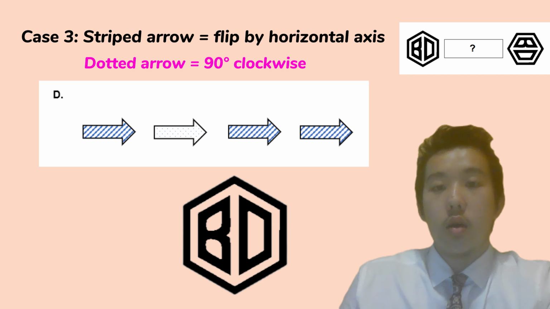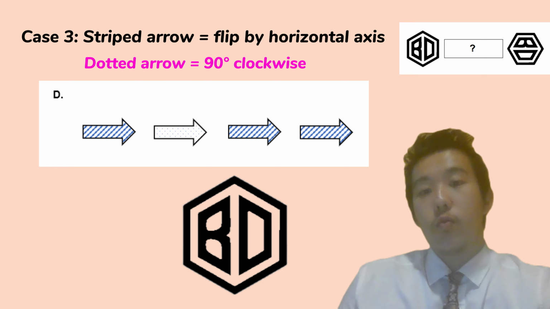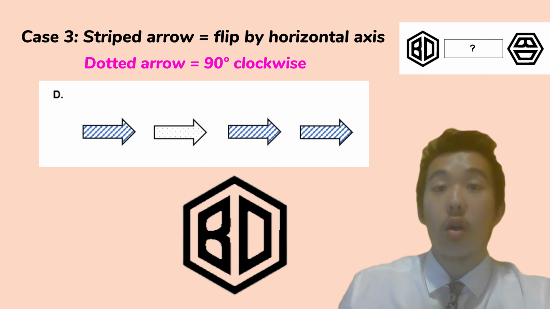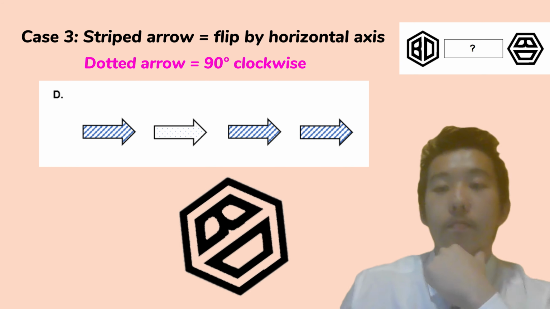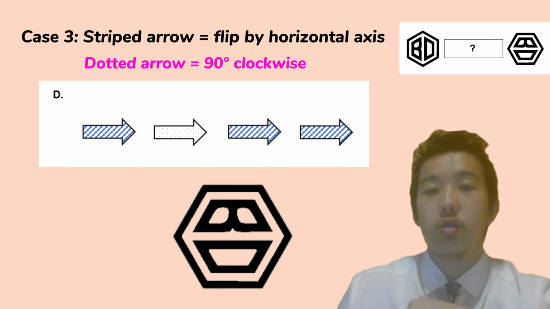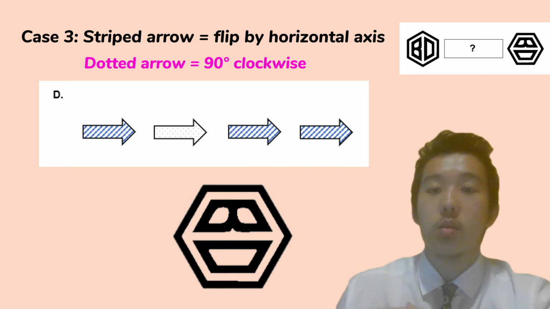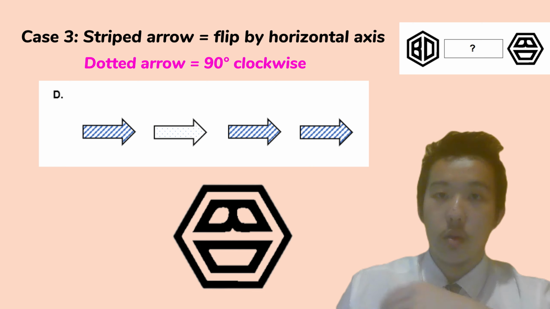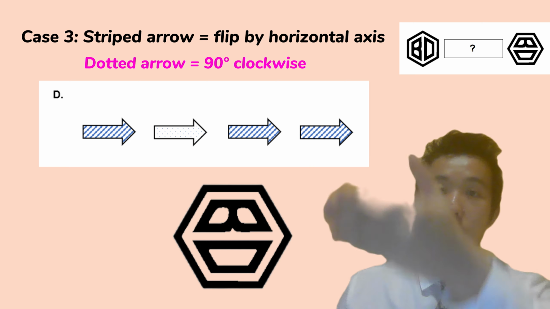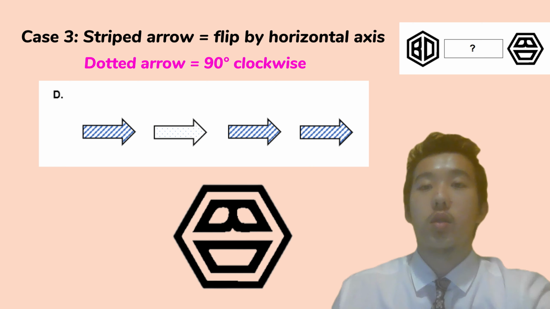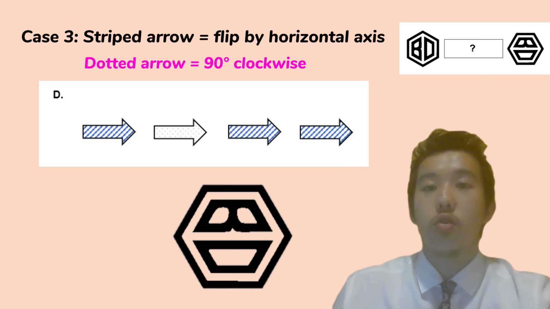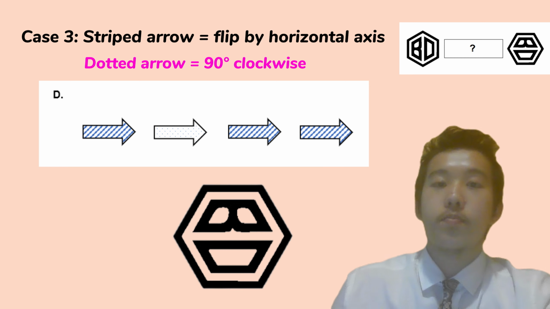All right, next we're going to use a dotted arrow, which is rotating at 90 degrees clockwise. So over here, and then we're going to end off with 2 consecutive striped arrows. So that's going to flip it this way and then flip it that way horizontally. So again, that's not going to do much to the design.